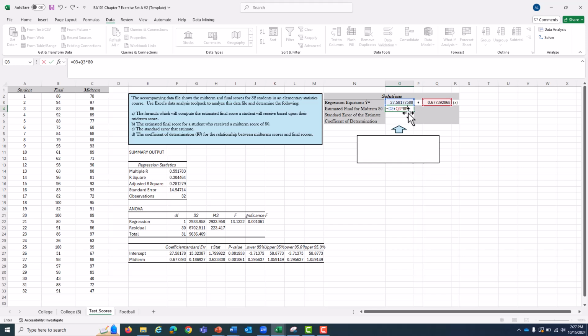So my equation is this plus this times that 80 we're looking for. And I throw it in, and I get 81.773, etc. So if a student got an 80 on a midterm in our class, it's projected by our regression equation right here that their score on the final should be a little bit underneath 82.